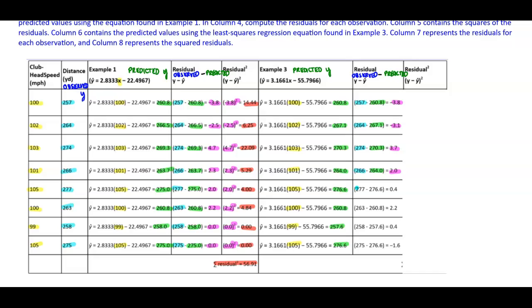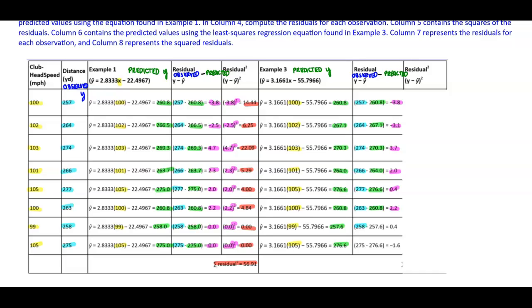Again, the observed value of 277 minus the predicted value of equation 3 of 276.6 to give us a residual of 0.4. Next, we're taking the observed y value of 263, subtracting the predicted value of equation 3 at 260.8 to give us a residual of 2.2.